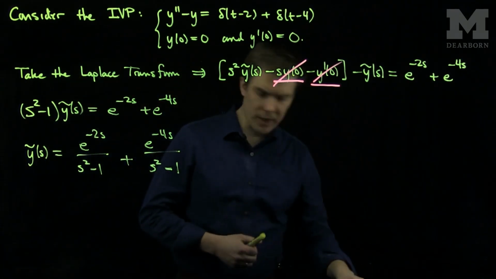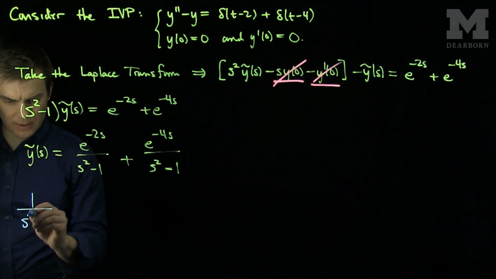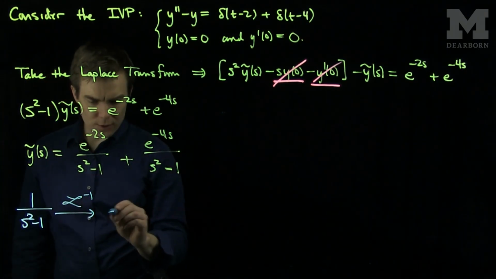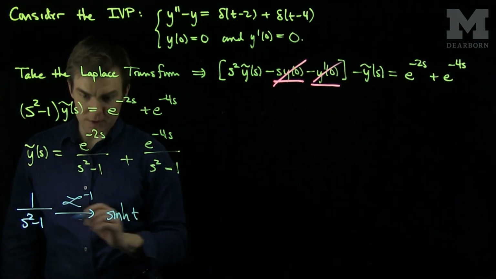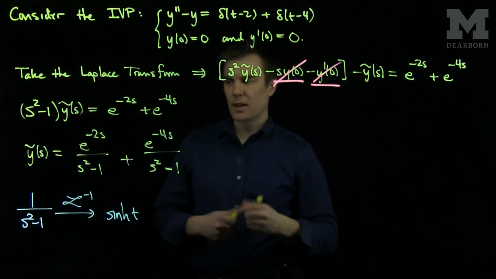And now we make the observation that 1 over s squared minus 1 inverse Laplace transforms to the sinh of t.